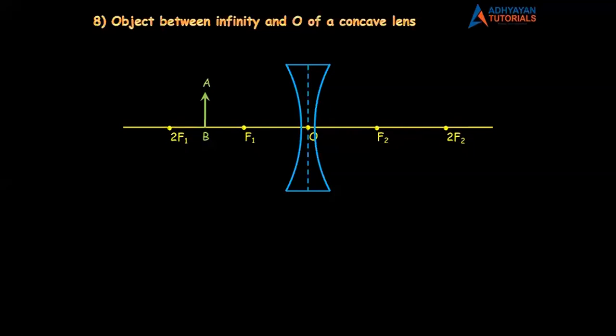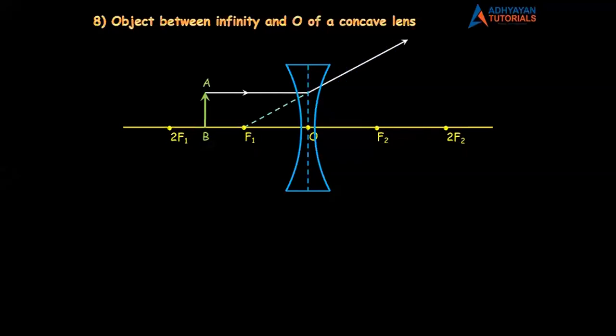Okay, let's start with the first ray. The first ray is the one which is parallel to the principal axis. So draw this parallel ray, obviously with an arrow mark. Now this ray has to diverge. लेकिन diverge होने से पहले हम लोग एक dotted line बनाएंगे, फिर उसको diverge करेंगे.